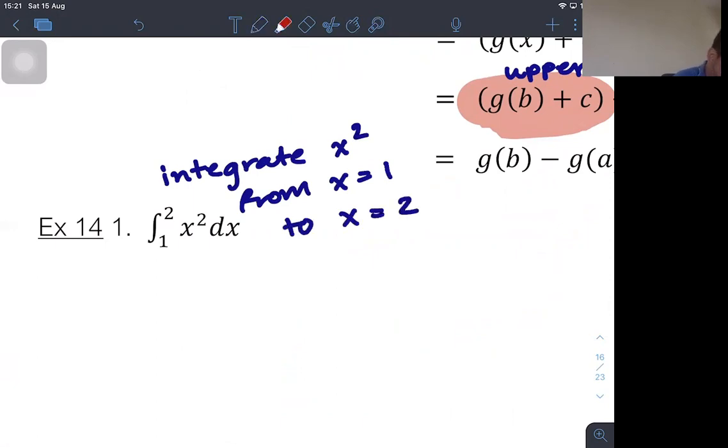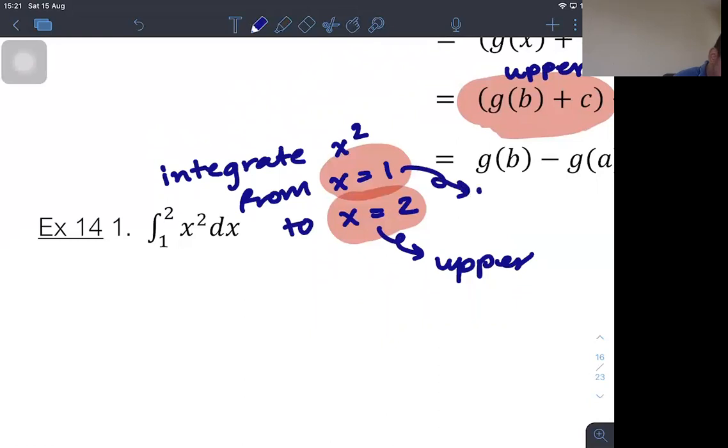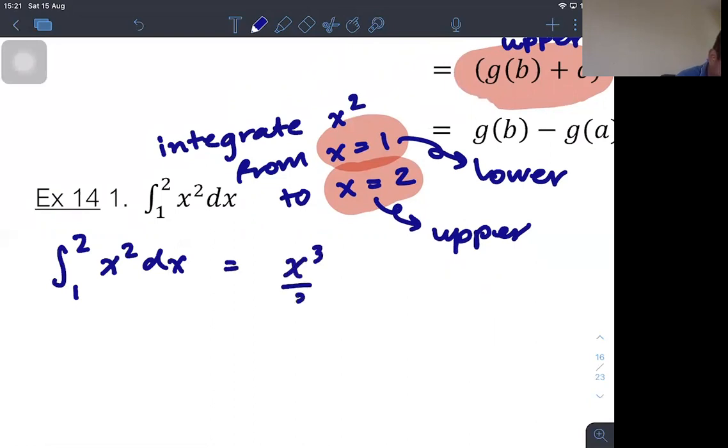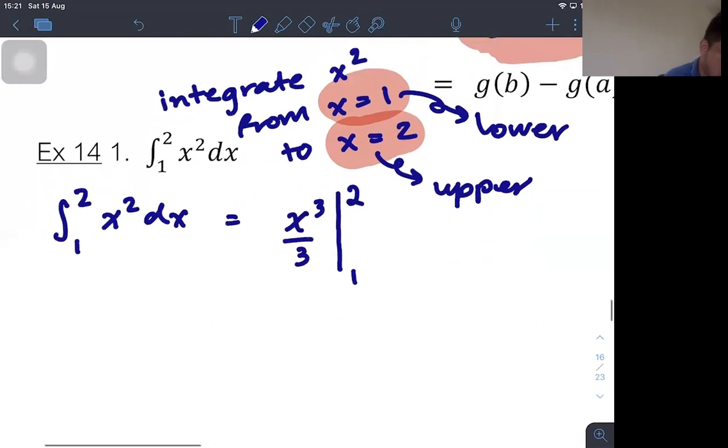And x equals 2 is set as the upper bound, and x equals 1 is set as the lower bound, okay? So I would integrate this function normally as x squared dx, and I get x cubed over 3, with the upper bound and the lower bound, 2 and 1. Yeah, 2 is upper, 1 is lower.